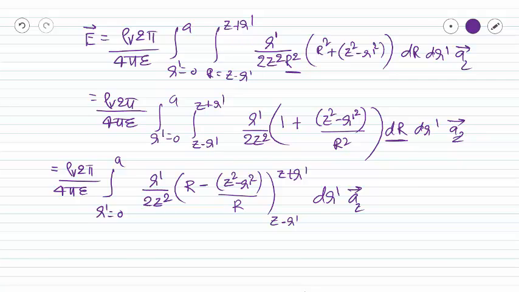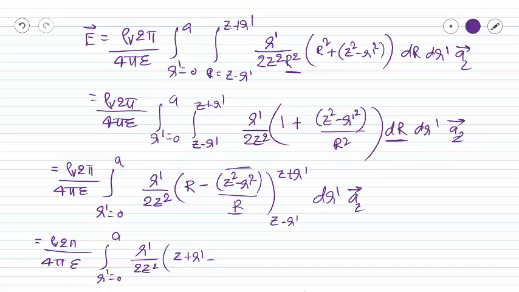Okay. So if I substitute the limits, what I will get is rho v 2 pi by 4 pi epsilon, r' equal to 0 to a, r' by 2z square. So here what I will get is z plus r' minus, because in place of R I will substitute z plus r'. Here I am having z square minus r' square. So this is a square minus b square.